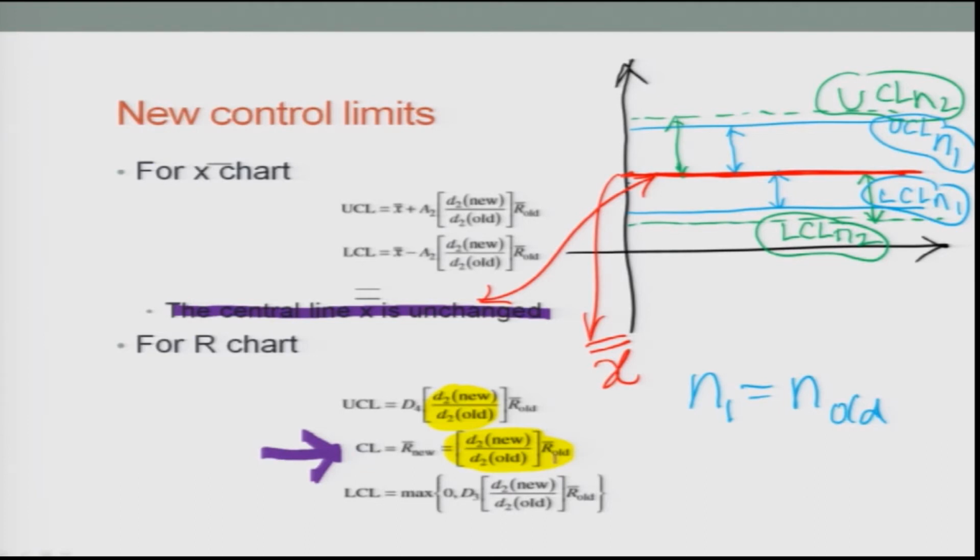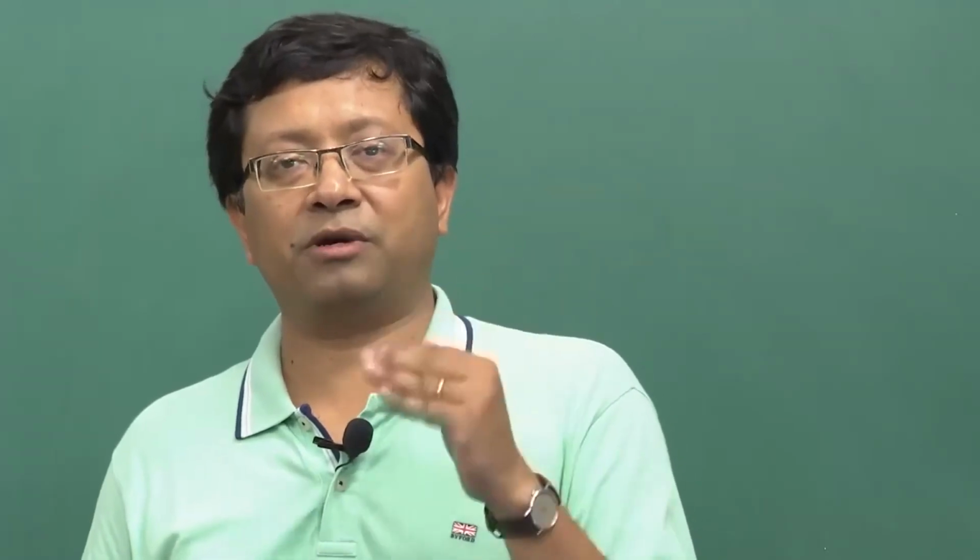That is why I said the values may not be equal, and the upper control limit would be based on the ratios of D2 new and D2 old. Similarly for the LCL, only one fact to remember: it will be the maximum of 0 and the value you get from the new calculation, because again the lower control limit cannot be negative.